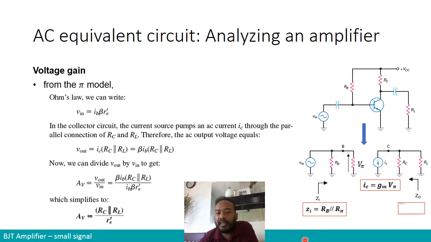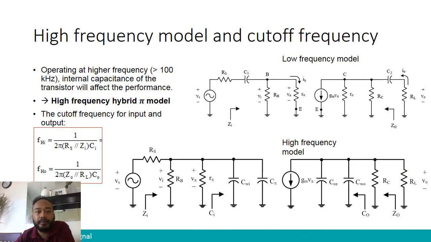So for example, in this case, it's going to be RC in parallel with RL divided by R prime E. R prime E is the equivalent resistor in the T model just now, so it's not given in this particular schematic diagram. That is more or less what we have in calculating voltage gain.